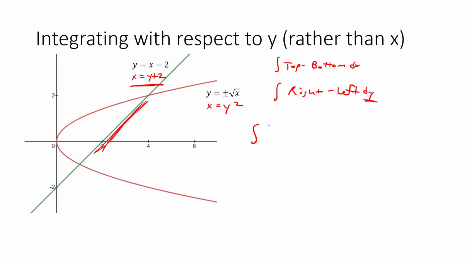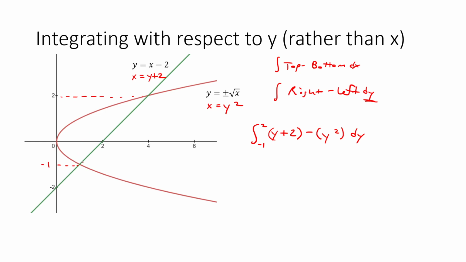Well, this one, y plus 2, minus y squared. And again, I just need my bounds. From looking at this picture, I can see that it's 2, and from this picture, I can see that it's negative 1. But you could solve for that or use your calculator.